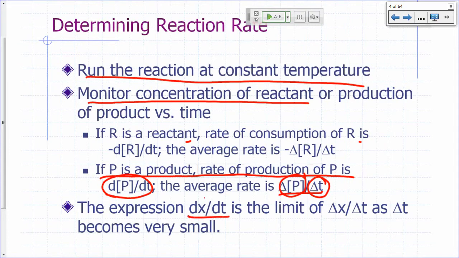Like I said, an expression written this way, d of a variable over d of another variable, is called a derivative. That's the limit of the change of the variable on top to the change in the variable at the bottom as that denominator becomes very small.